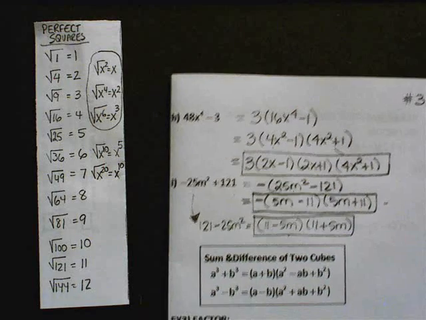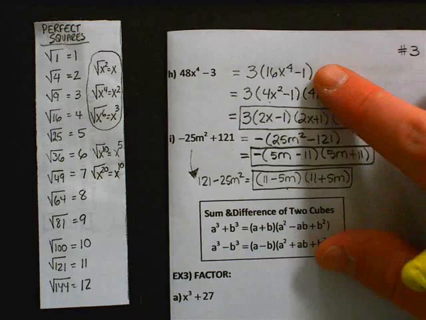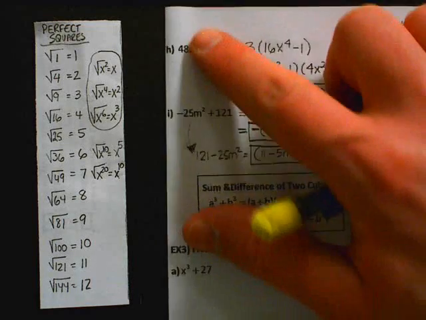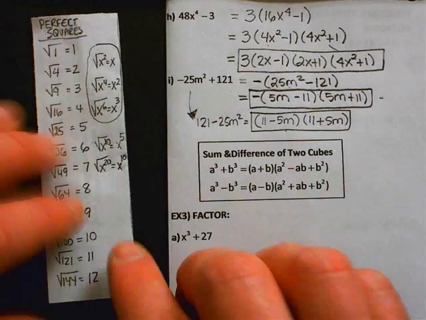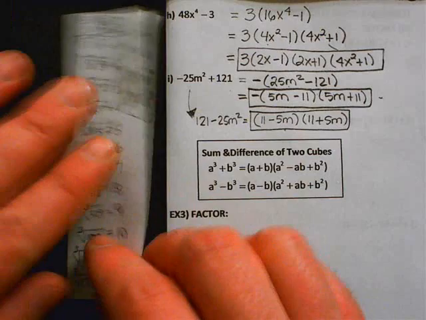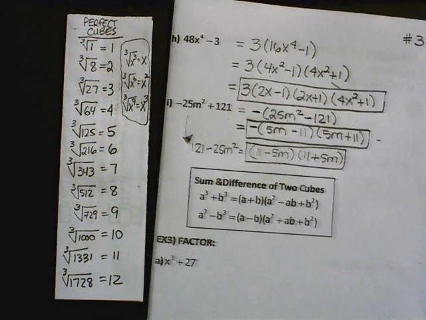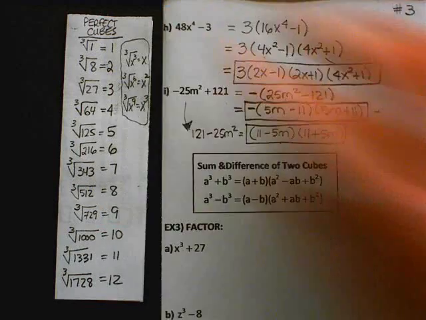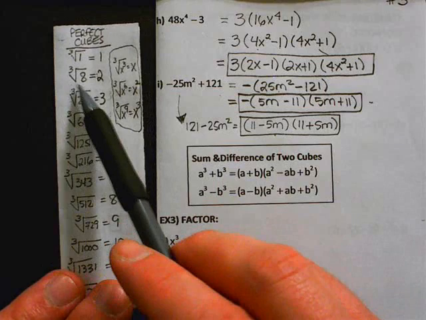Alright, the next formula is the sum and difference of two cubes. We also have what are called perfect cubes. Perfect cubes are numbers whose cube root is a whole number.